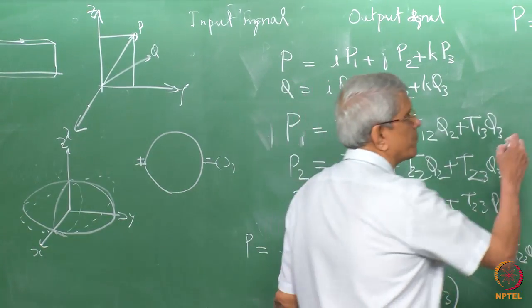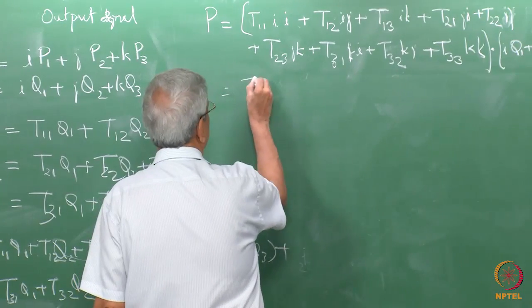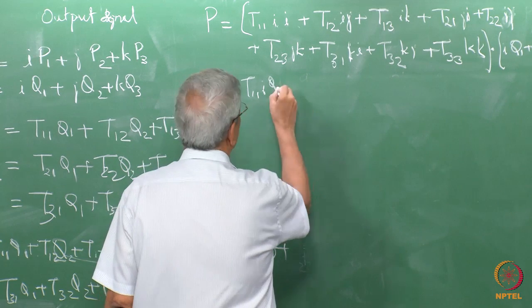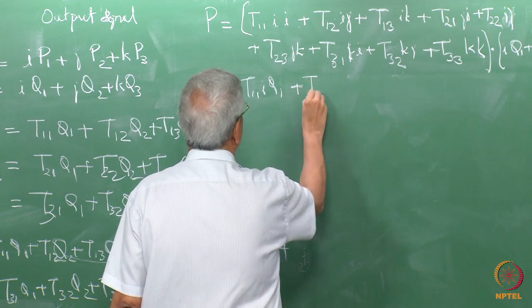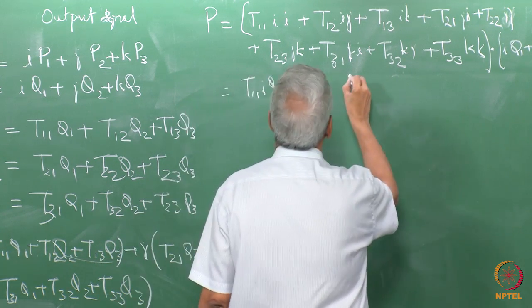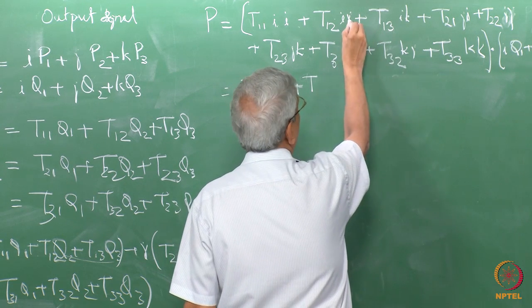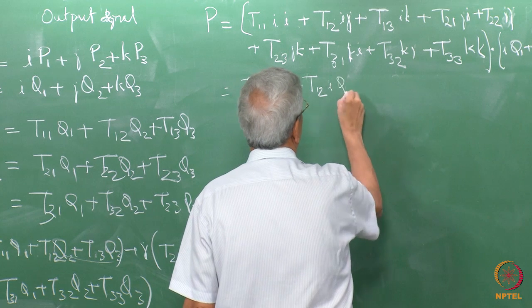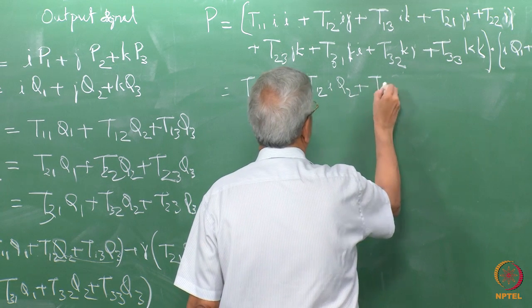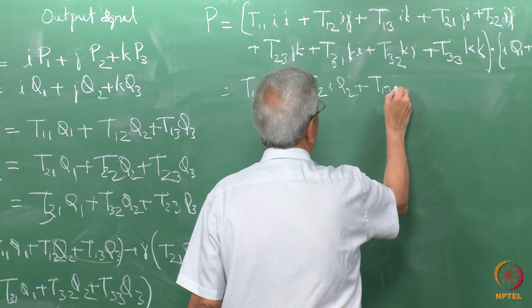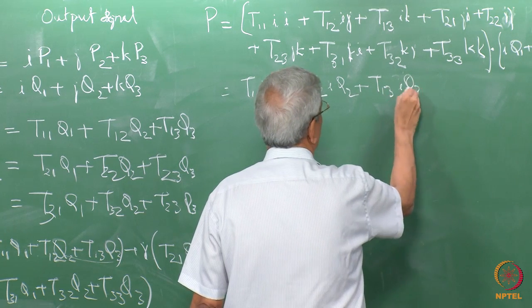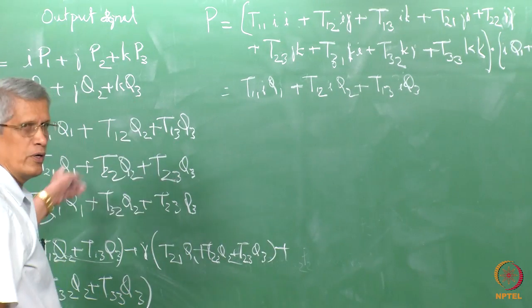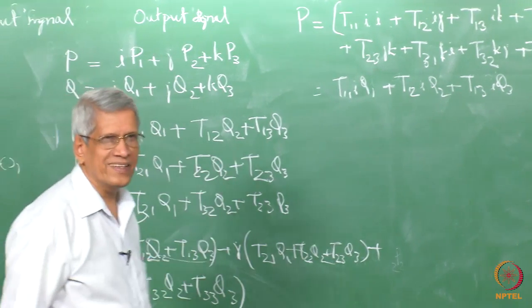You can see that I into q1, T into I into q2, T into I into q3. So if you take the I out, this becomes a term like this.